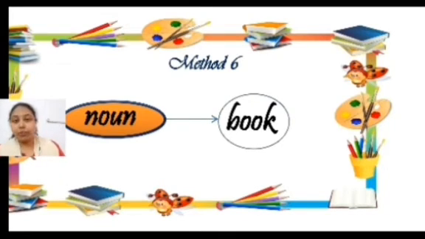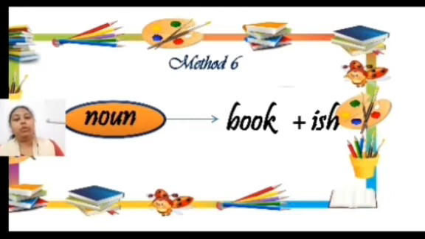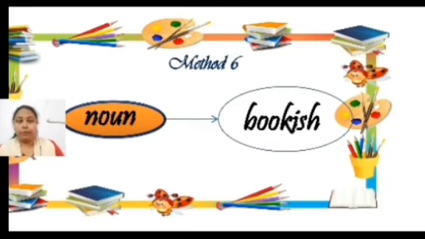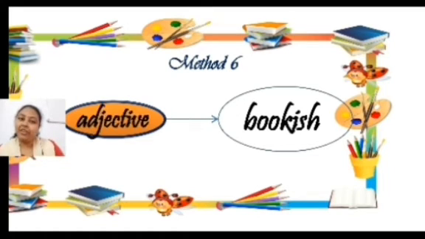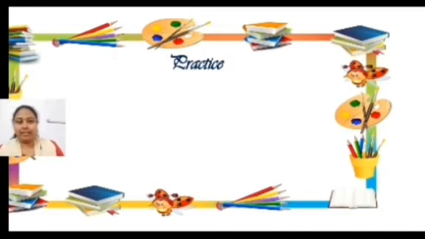The next word which we are going to take is book, which is a noun. We are going to add to this word ISH. So the new word formed is bookish, which is an adjective. Let us do one more practice.